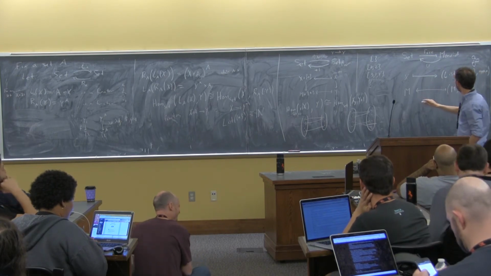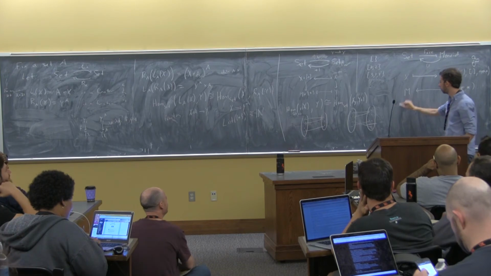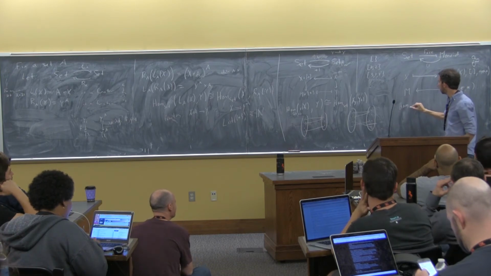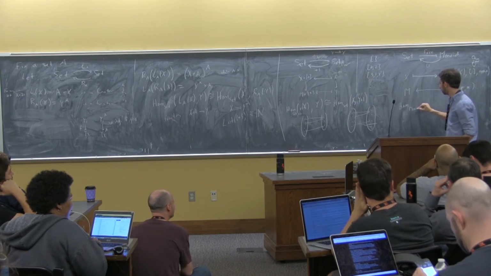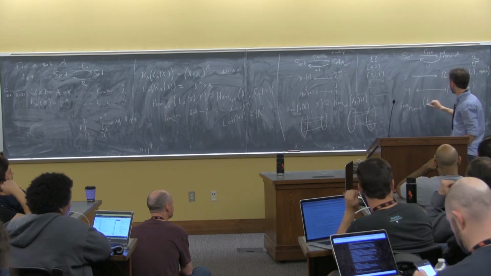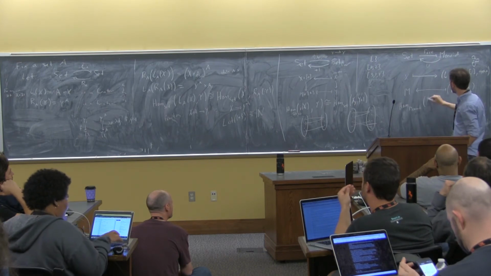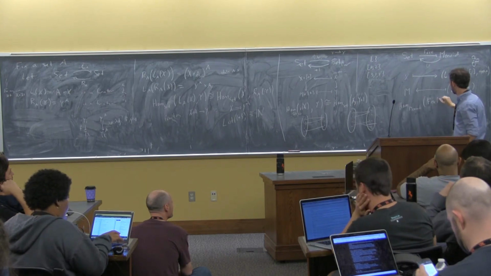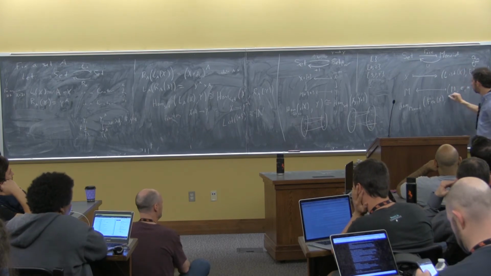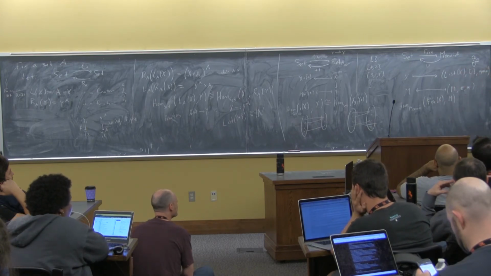I don't know if this is going to be useful, but would you believe that Hom in monoids, a monoid homomorphism from, let's call this free of X, the free monoid on X, to M for any monoid.